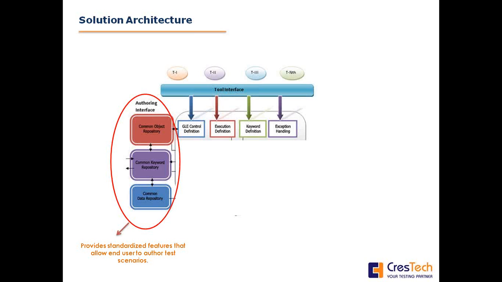The second is the common keyword repository. From the keyword definition file, the keywords will be available as part of a common keyword repository, to be used for test case creation. So while you are creating a test case, you should be able to switch between various keywords from various tools without even knowledge of the tool.